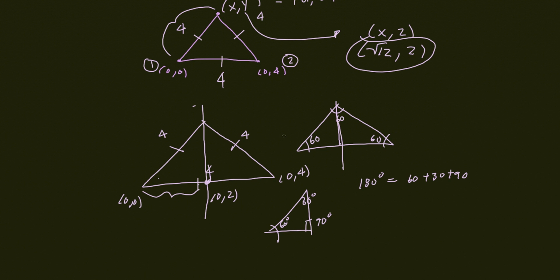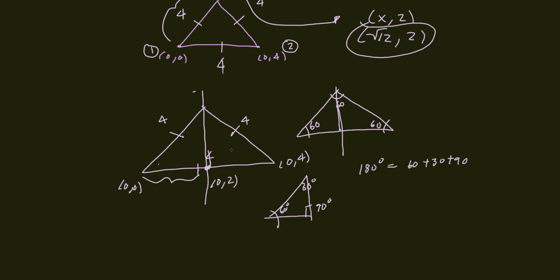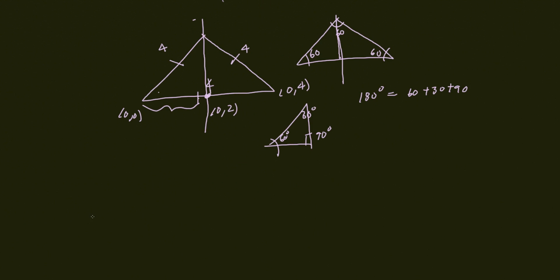So now, instead of looking at this equilateral triangle, we actually have a right triangle. Let me use another color, a blue one. So we actually have this, and it's 0, 0, and then 0 to 2.